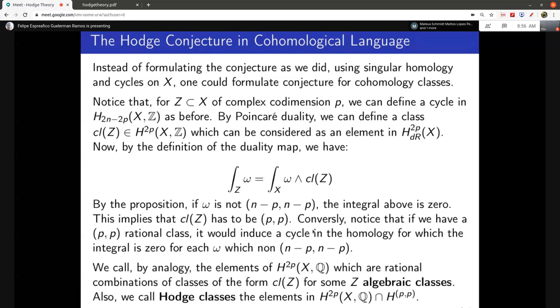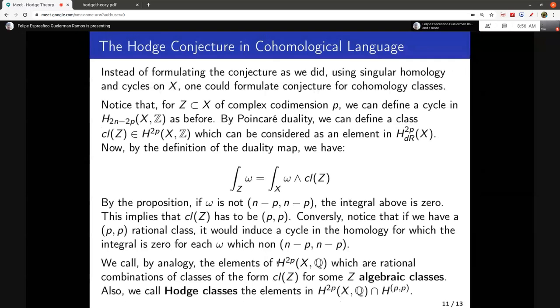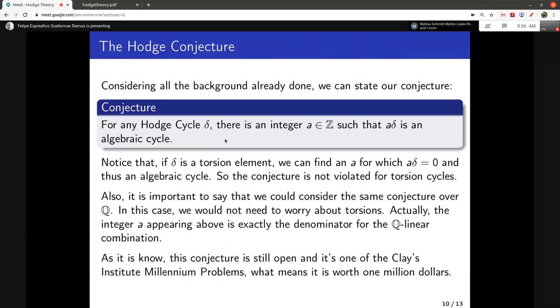Conversely, if this is (p,p), we would have that this omega is (n-p,n-p). And by analogy, we can call these elements algebraic classes if they are a combination of these classes CL of Z, and Hodge classes all the elements which are (p,p), because in this case the proposition would be satisfied.